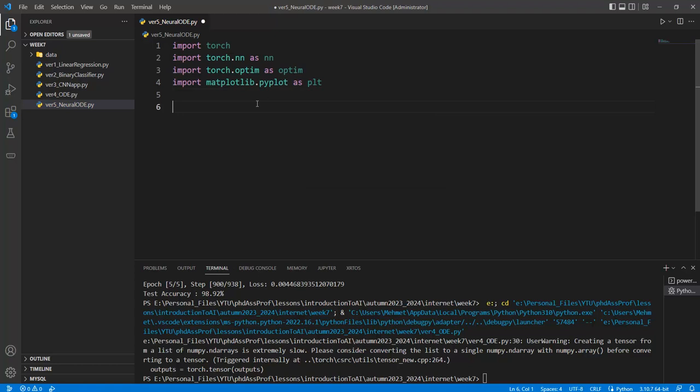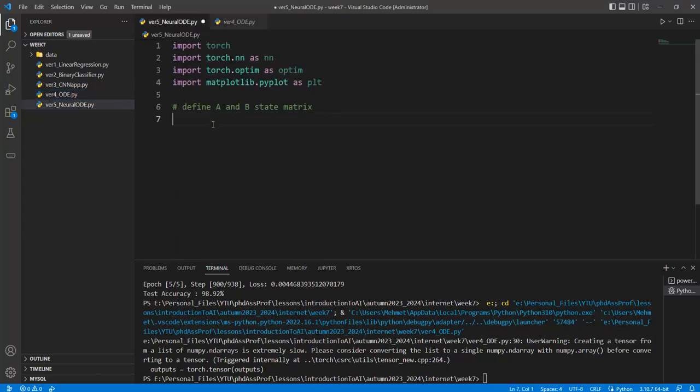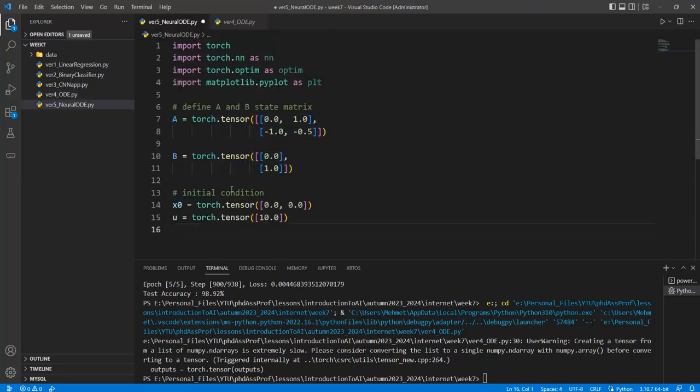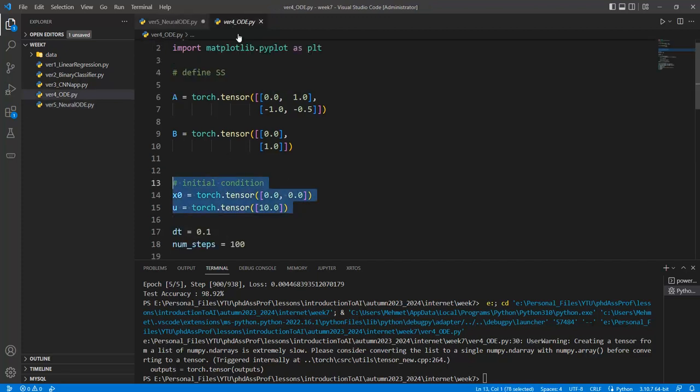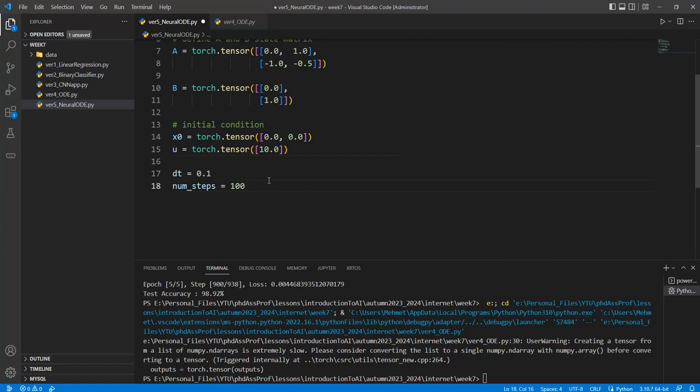Okay, and so firstly we need to define the A and B, the state matrices, right? It's the same as this one. And we can give these terms like this one. This is the neural ODE, okay? And also we can give the simulation parameters like this one.